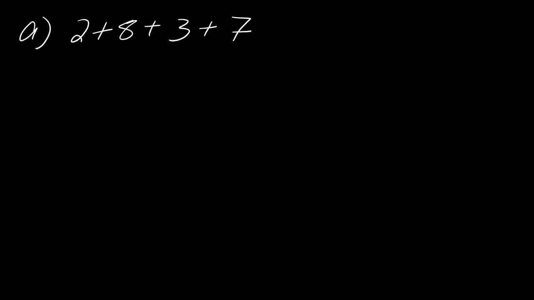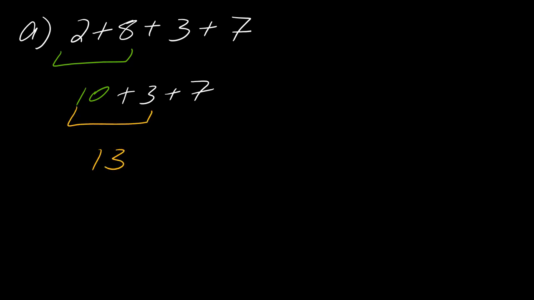If I did that for a moment, this would be 10 and then plus 3 plus 7. So then this is 13 plus 7, and then I would add that together to get 20. So that takes a lot of time, and so it's maybe just not the most efficient way to go about this. Versus if I went, let me clear this out.